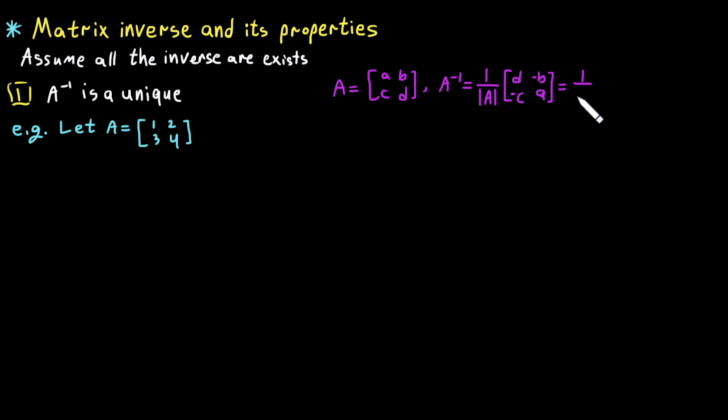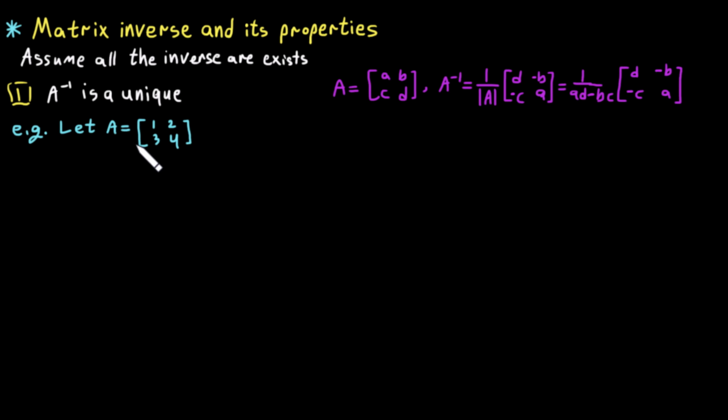So I will write it like this: A multiplied by D minus B multiplied by C, and this matrix remains the same: D, negative B, negative C, A. And of course, you can use 3 by 3, 4 by 4 matrices, whatever you want, to find A inverse.